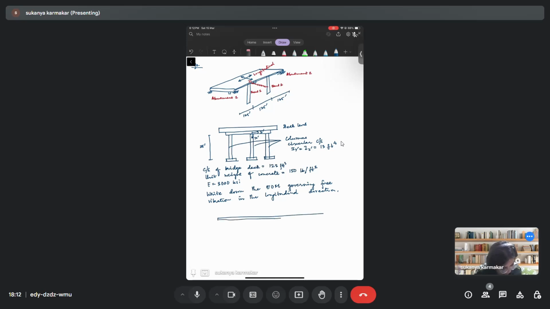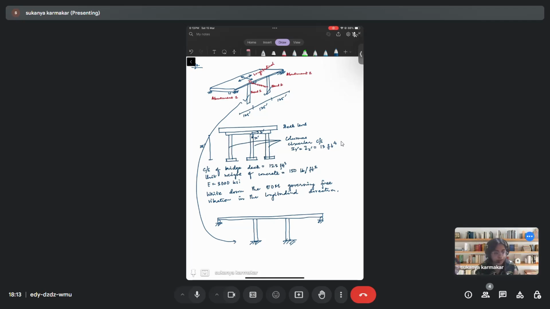If this is the bridge, you will be looking at two bents like this, then you will have the two abutments here. These are basically fixed columns, fixed at both the ends.